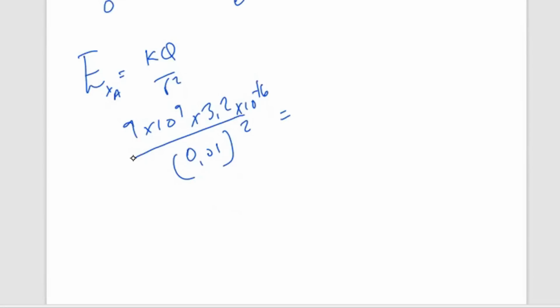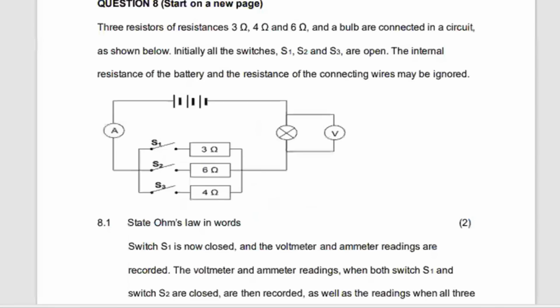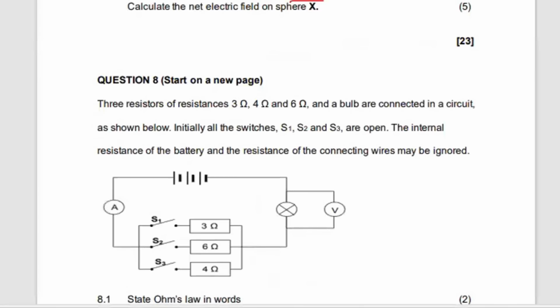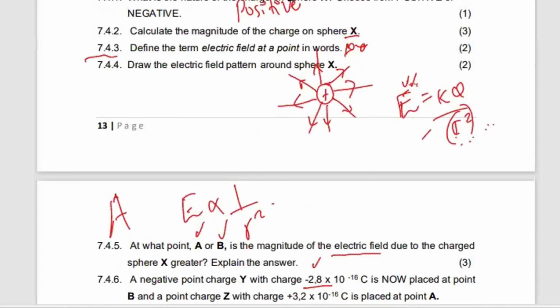Punching that into the calculator gives me 0.0288. Then if I look at the other one, is it left or right? It's repulsion, so it's going to be left. Let's hope I placed those forces correctly, because this is placed at A. Where is A? A is on the left.